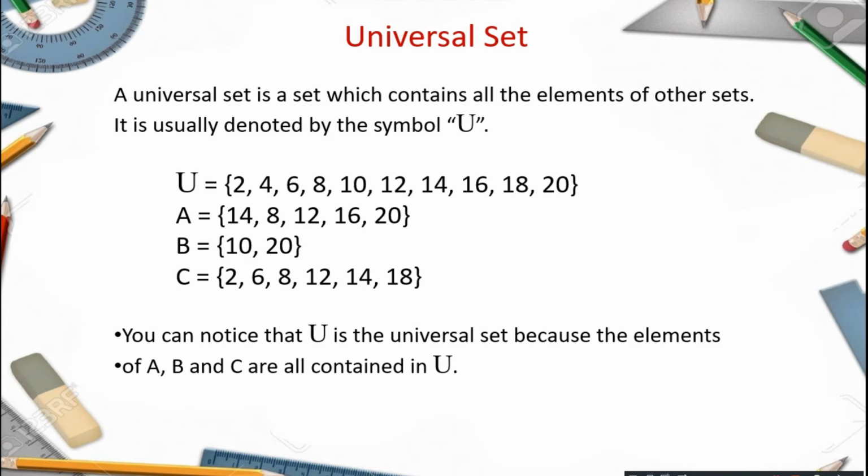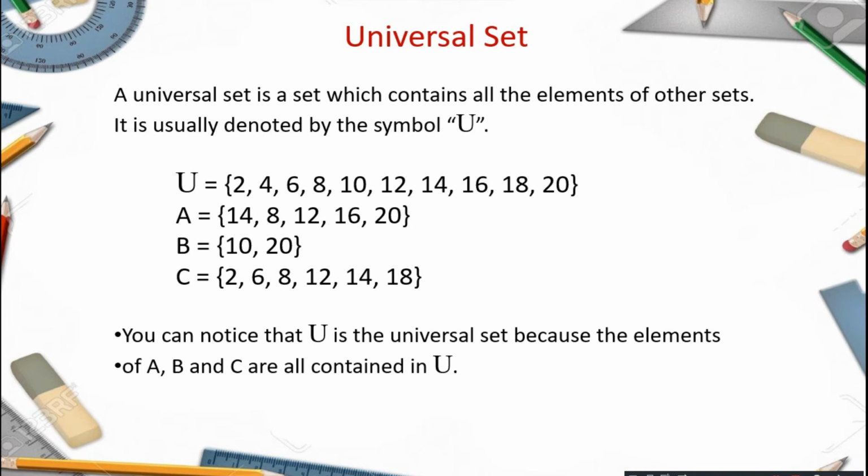It has the following subsets: A, which has the elements 4, 8, 12, 16, and 20. All the elements of set A can be found in the universal set. Set B has the following elements: 10 and 20. 10 and 20 can be found also in the universal set.